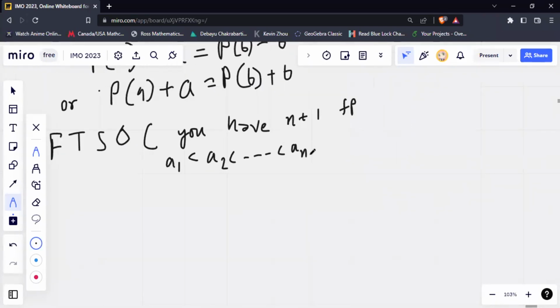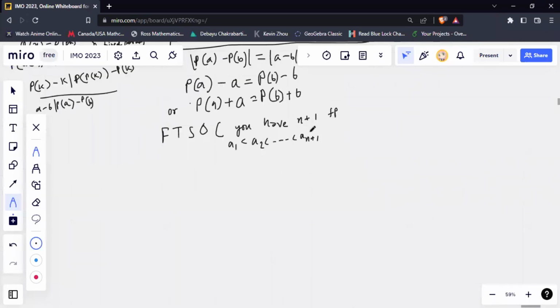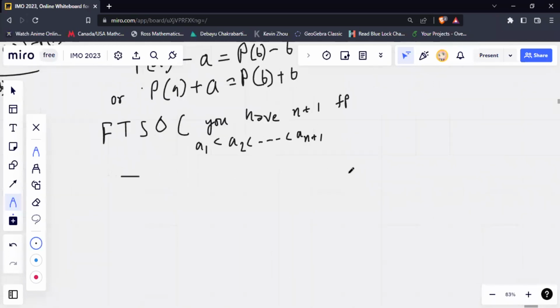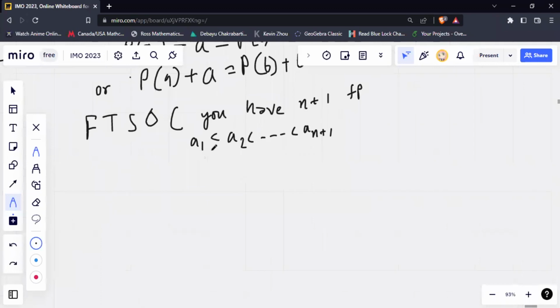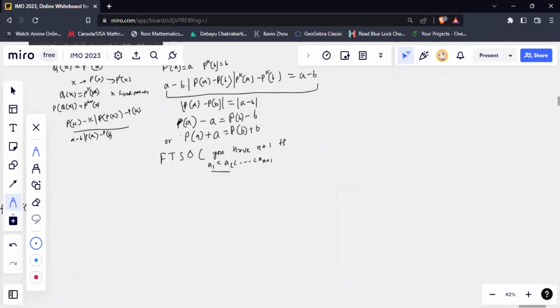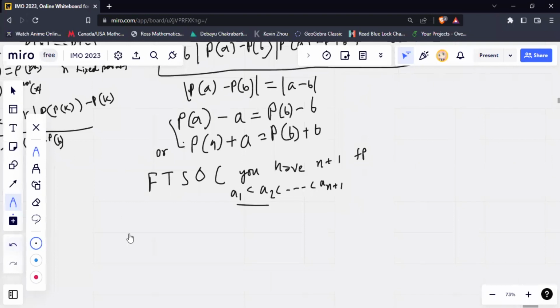So we order them like this. Then we have a lot of things for each pair, and it's really hard to work out every two cases.